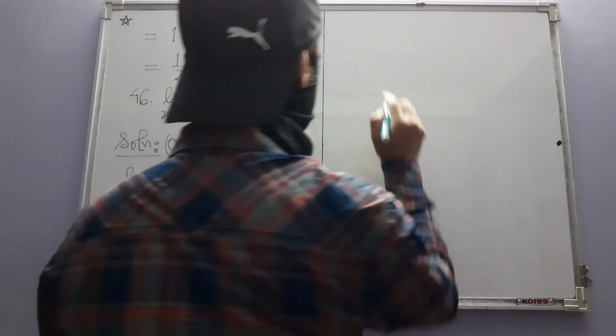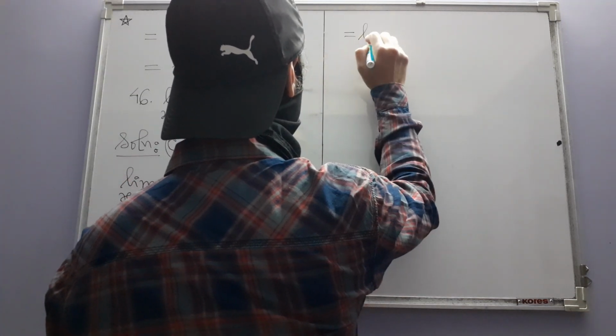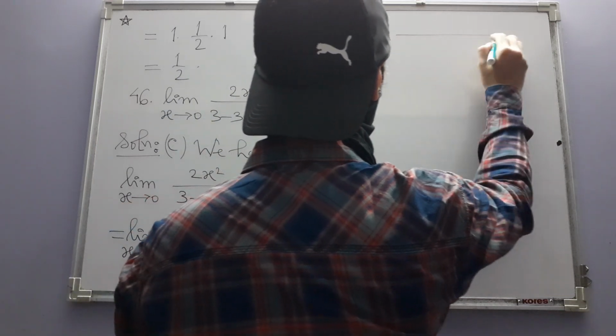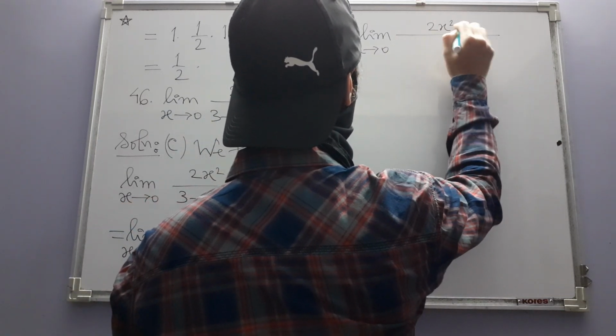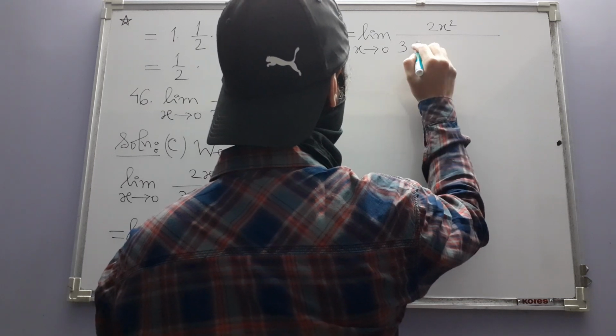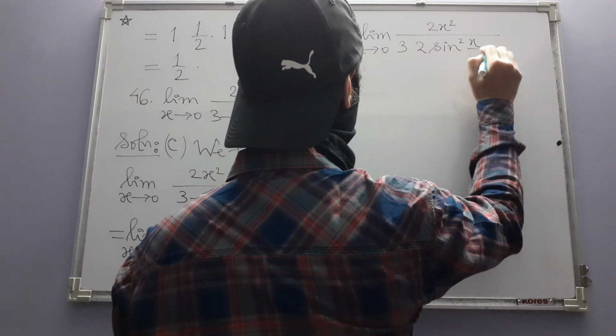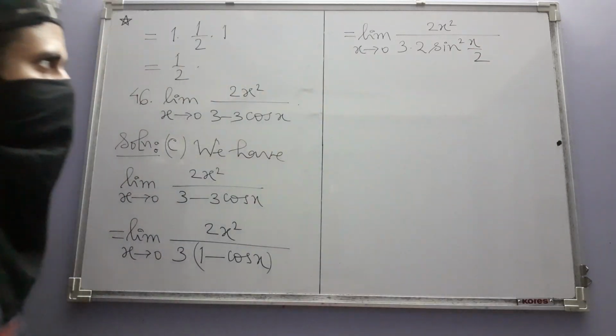So here also, just like before, the numerator of course stays like that, 2x square, but the denominator now becomes this.